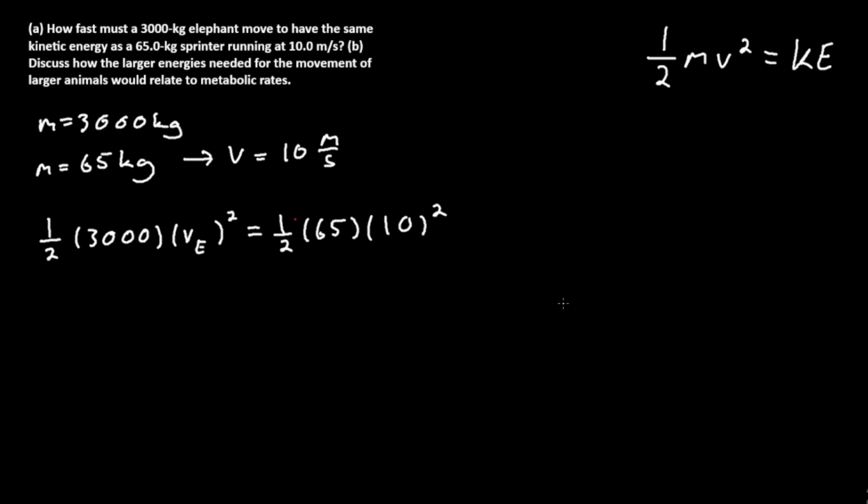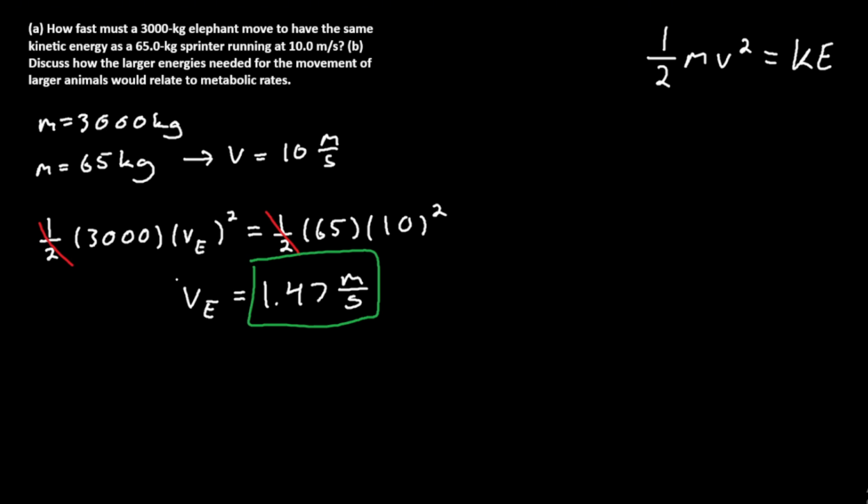So we can cancel out the 1/2, and when we isolate V_E, doing a little bit of algebra, we get that the elephant just has to move 1.47 meters per second. So this elephant needs significantly less speed in order to have the same kinetic energy as the sprinter.